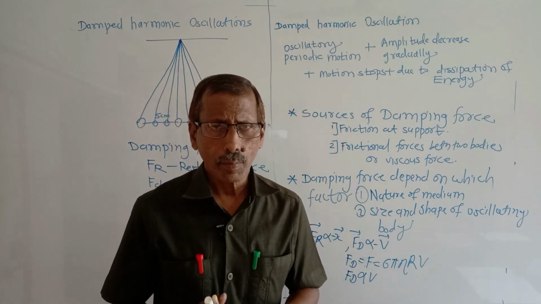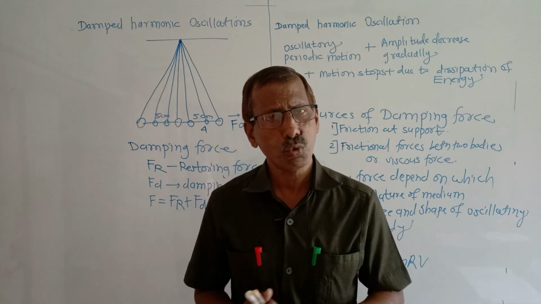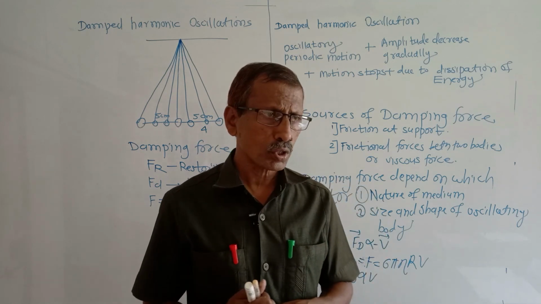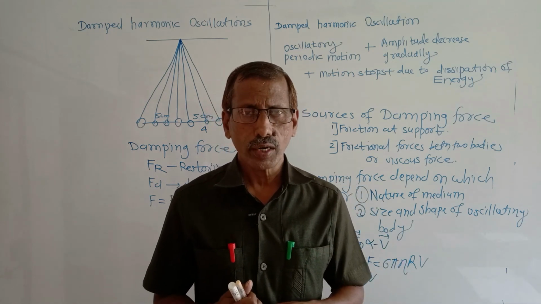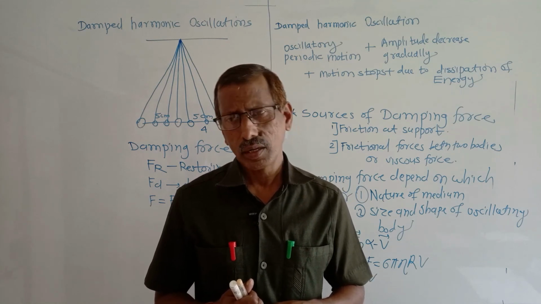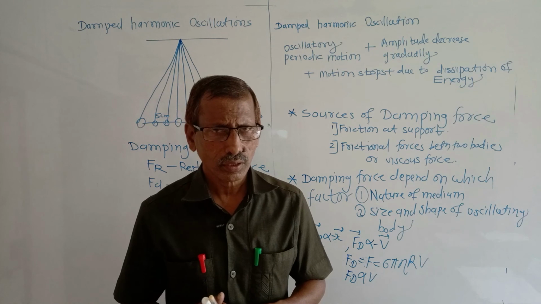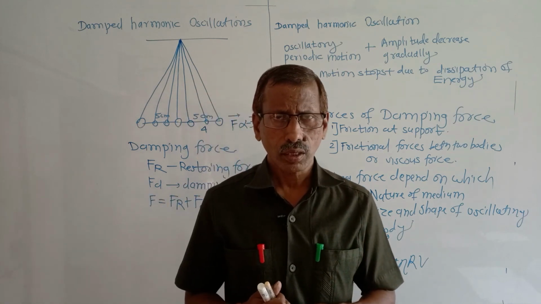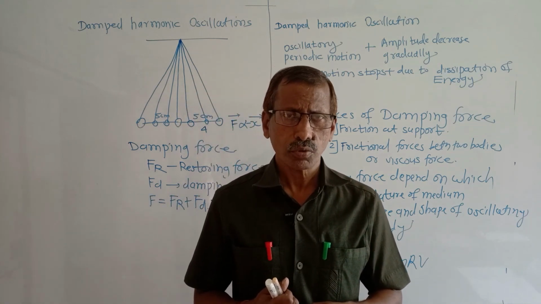At that time, the body vibrates with large amplitude. Such a type of forced oscillation is called resonance. We will study forced oscillations and resonance in detail in the case of sound wave motion.